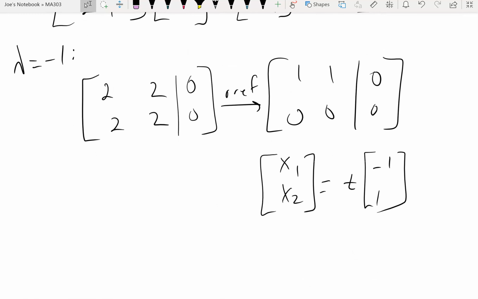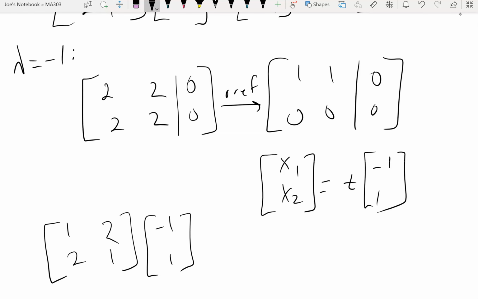So let's do this one again. If I take [1, 2; 2, 1] times [-1, 1], what answer do I get? [1, -1].